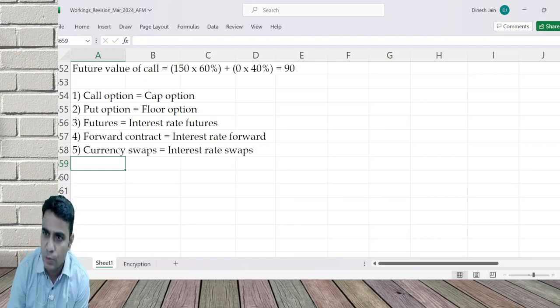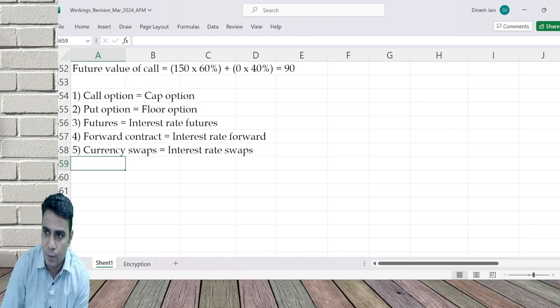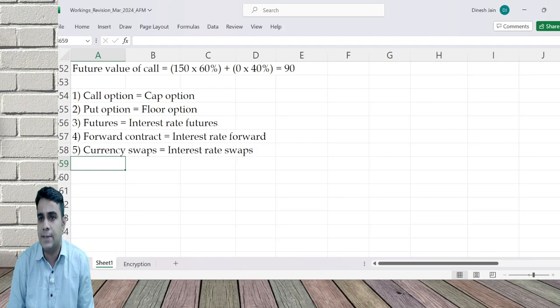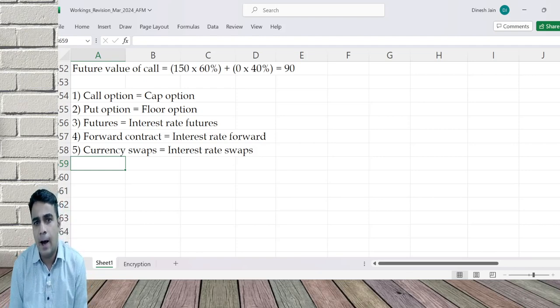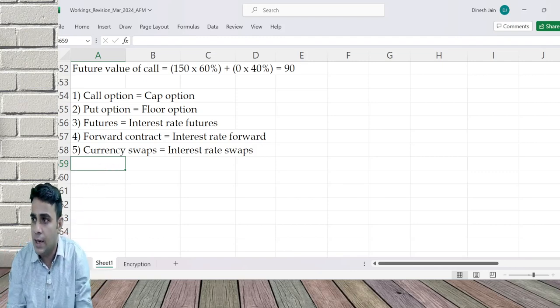Exactly the same tools are there in interest rate as well for risk management. What is risk management? It is protecting myself from increase or decrease in interest rate. I don't want interest rate to increase. I don't want interest rate to decrease. Both are not in my hand. I cannot do anything about it because RBI can increase interest rate, RBI can reduce interest rate.